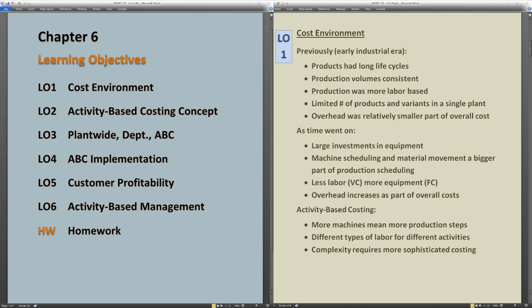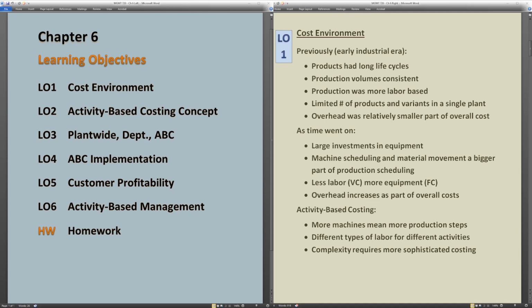So in the early industrial era, products had longer life cycles, volumes were consistent, and typically you had more labor-based production, and therefore overhead was a smaller part of the overall cost. And you had a limited number of products inside of each factory, and of those products, they had limited variance.